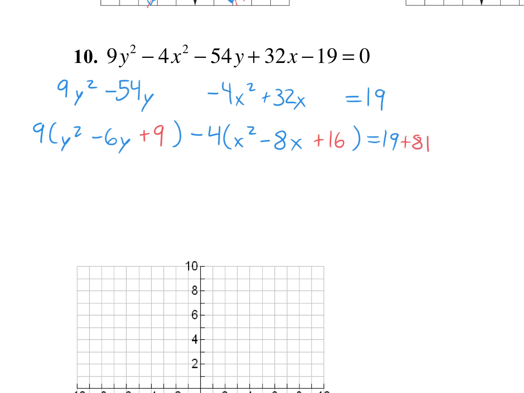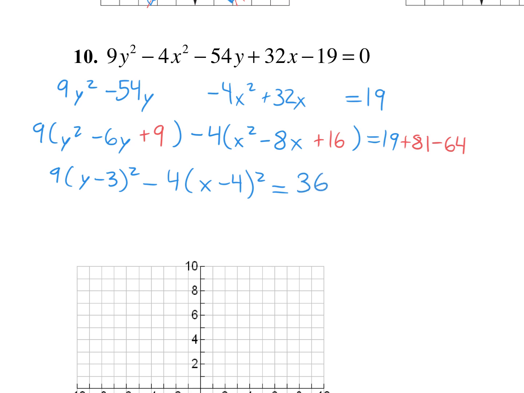That 16 is going to get multiplied by -4, so we're going to subtract 64. So it's 9 times y minus 3 squared minus 4 times x minus 4 squared equals 100 minus 64, which is 36.